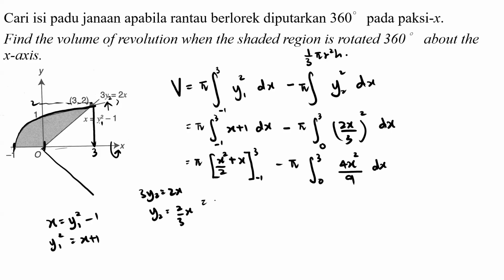Okay, over here, sub in. Once you integrate, the rest will be testing your patience. So we have 3 squared over 2 plus 3, and minus -1 squared over 2 plus -1.